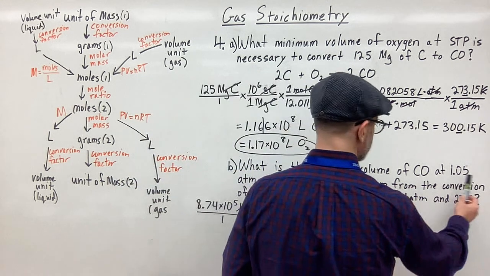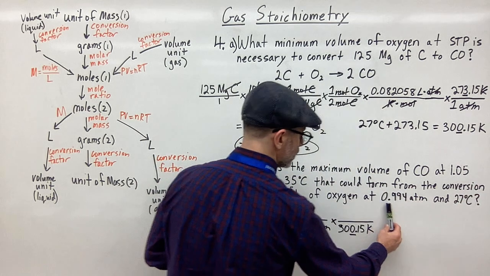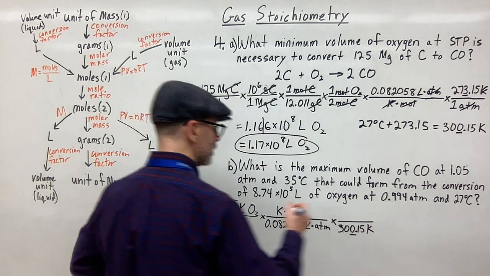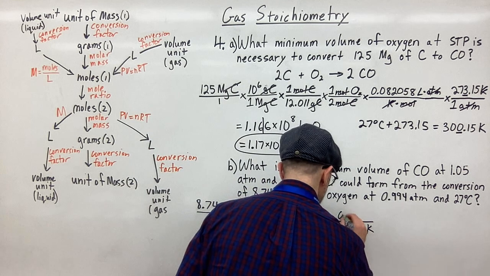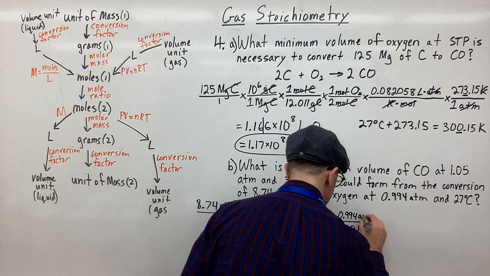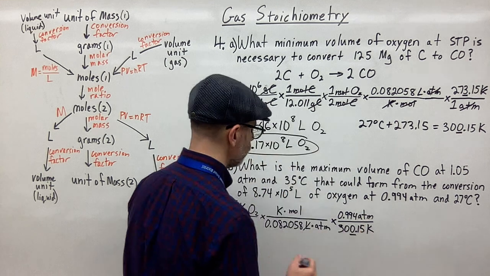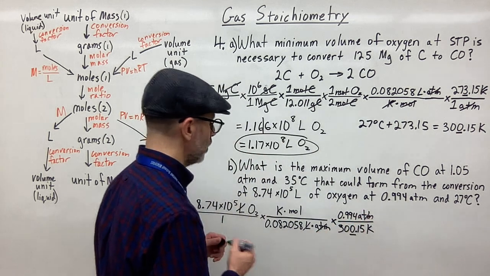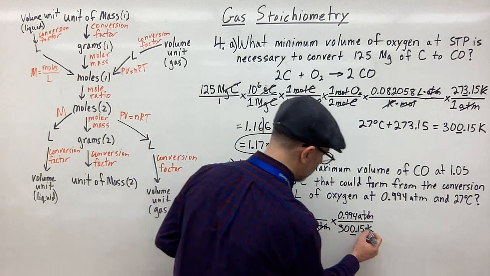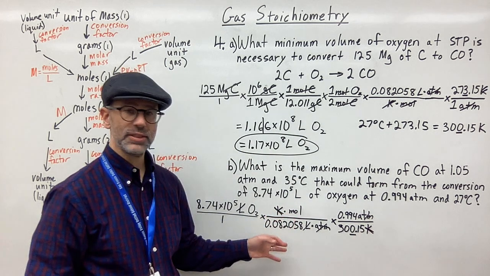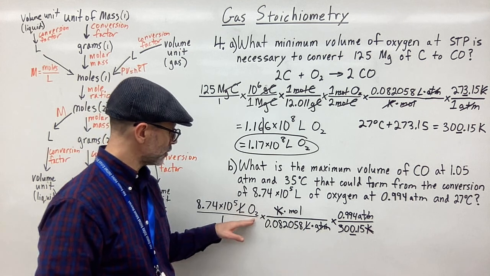So where's the atmospheres? Here it is, 0.994 atmospheres on top. And so that's going to cancel out with atmospheres here. And so Kelvin cancels out here. And so moles is what's left. So I have moles of oxygen now.